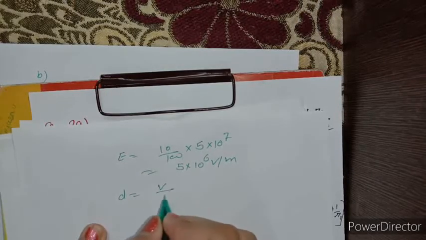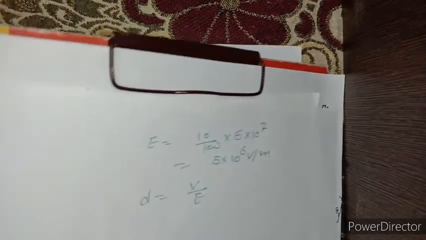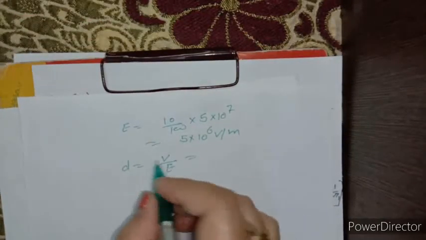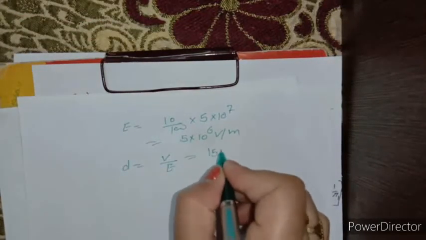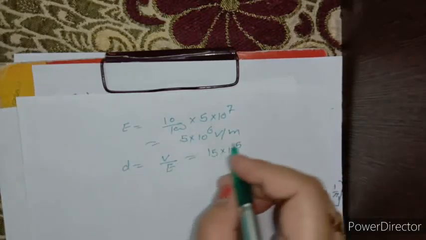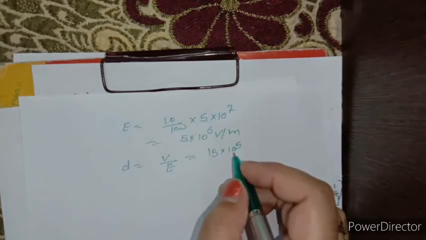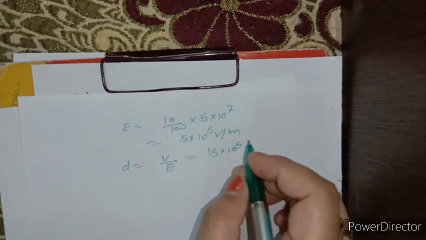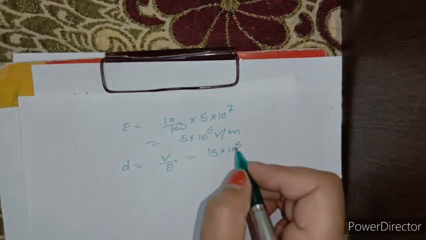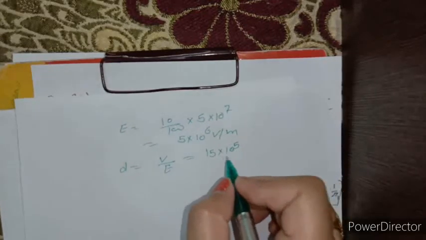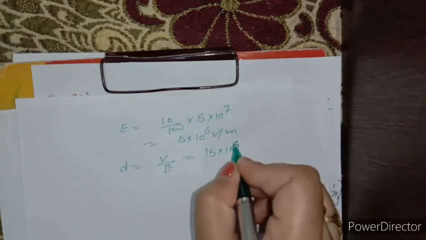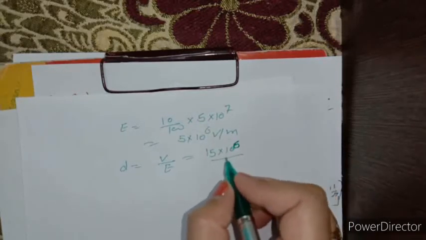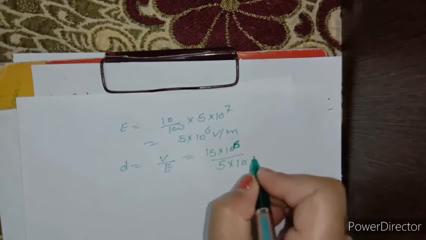Then D equal to V upon E. Put the values here. V is equal to 15 into 10 raised to power 6, given in the question, and the electric field we found is 5 into 10 raised to power 6.